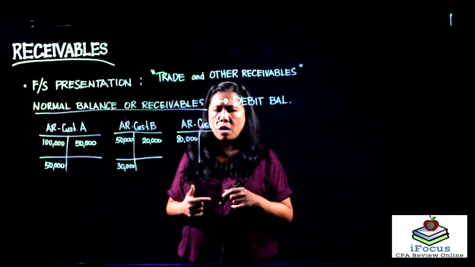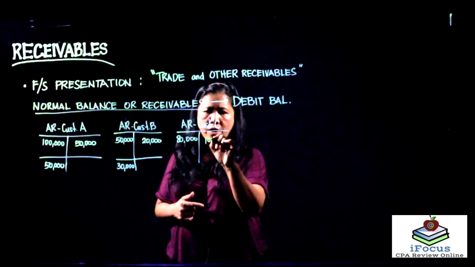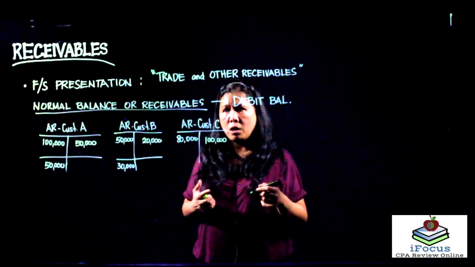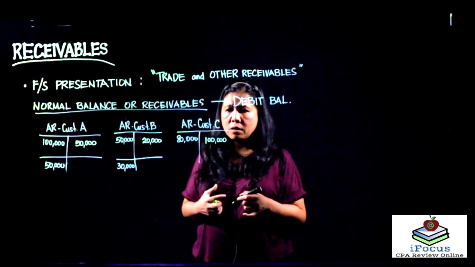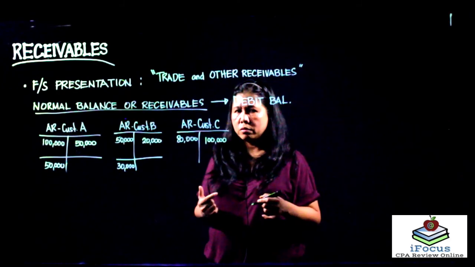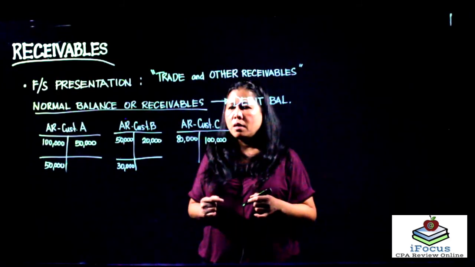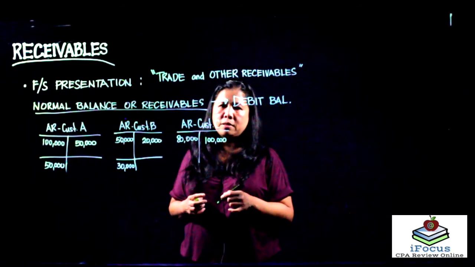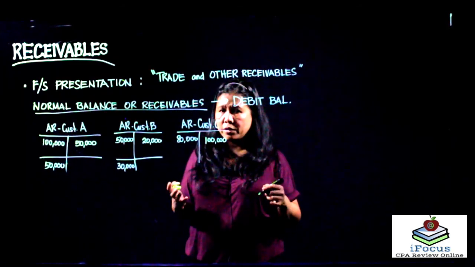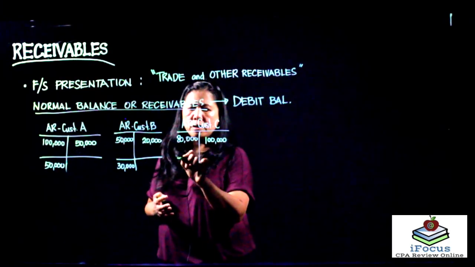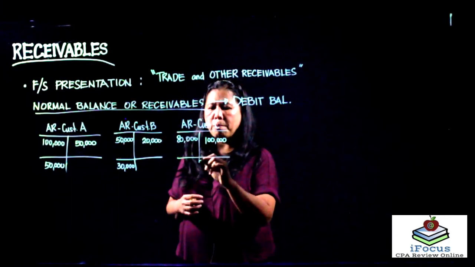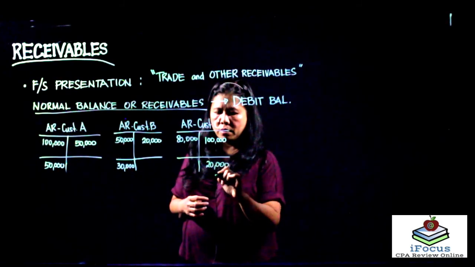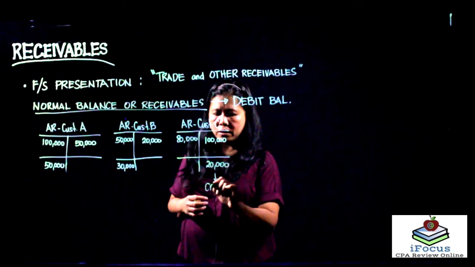Let's say customer C paid us 100,000, for some reason, it could be overpayment or an error, or whatever the reason is. The accounts receivable of customer C is 80,000, but customer C paid us 100,000. So on this, we have a credit balance of 20,000. So the credit balance is not normal.